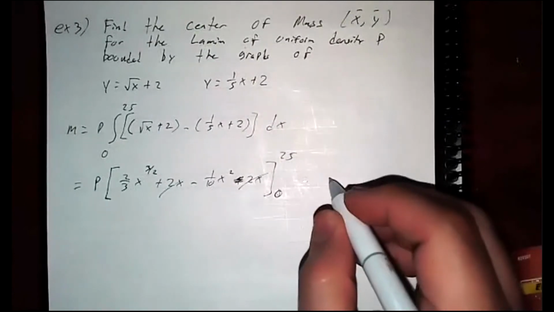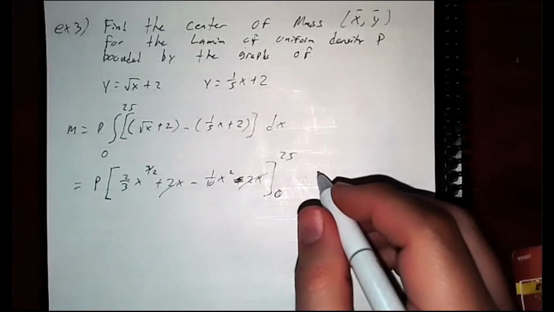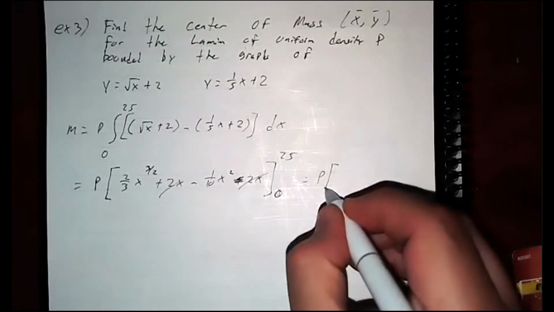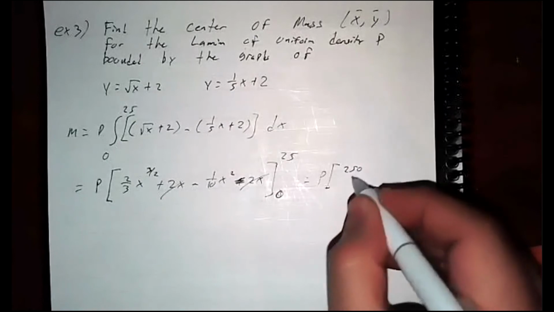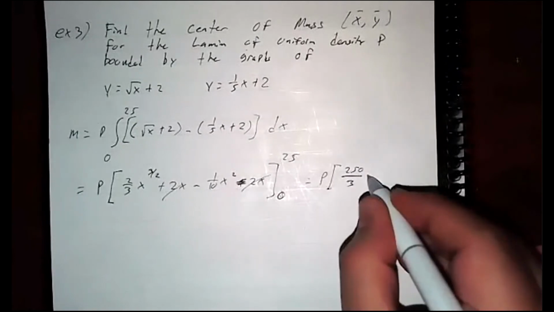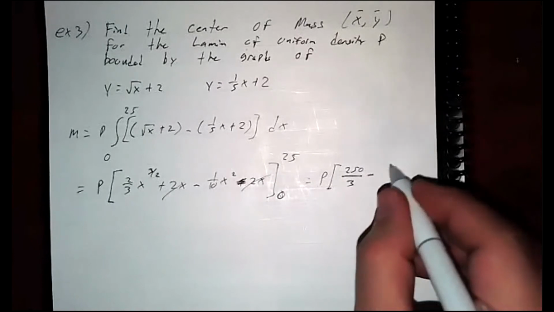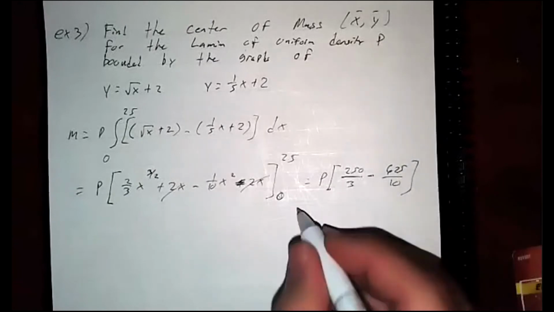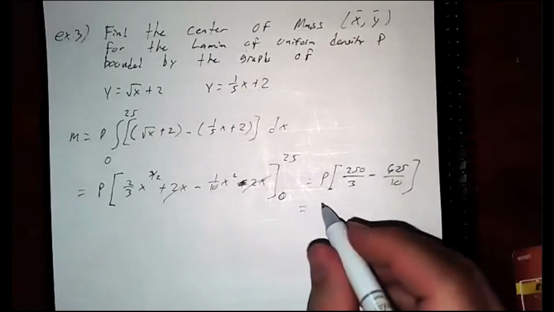That will be P times 250 over 3 minus 625 over 10. So at this point, I'll just use a calculator.